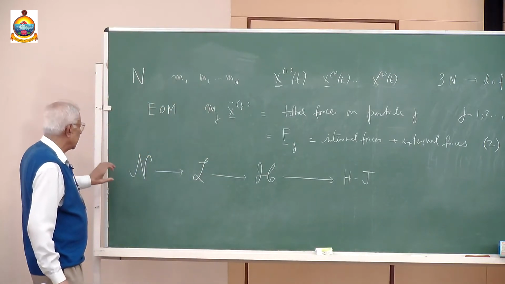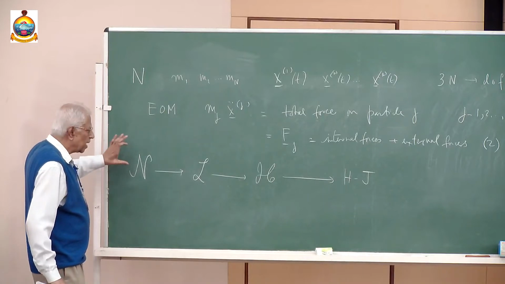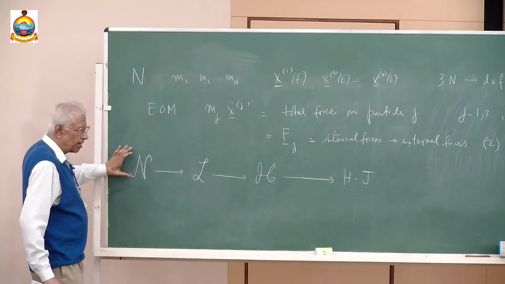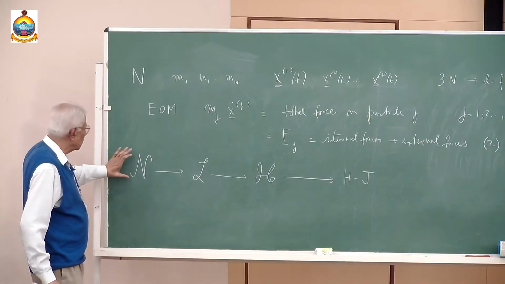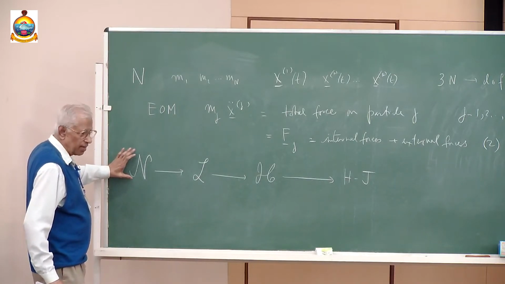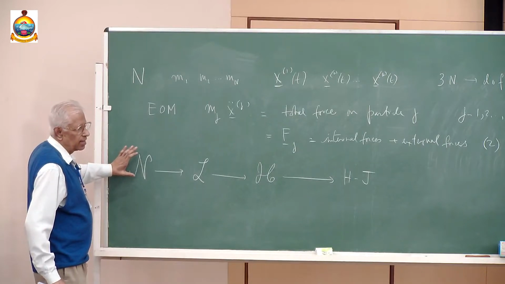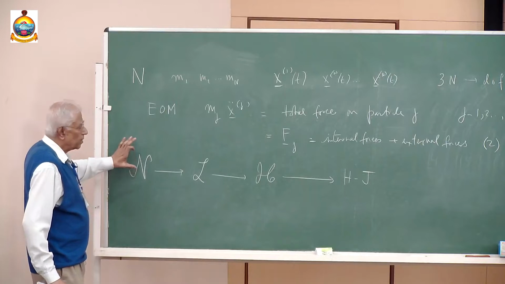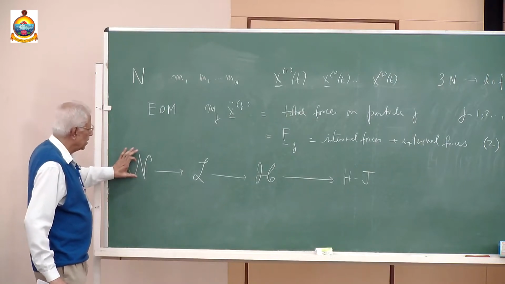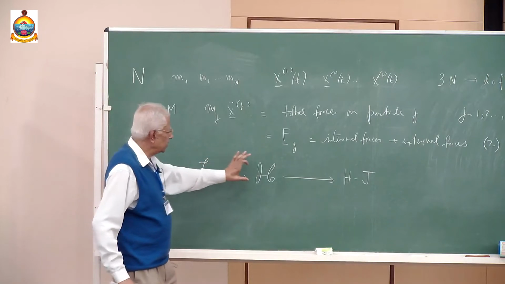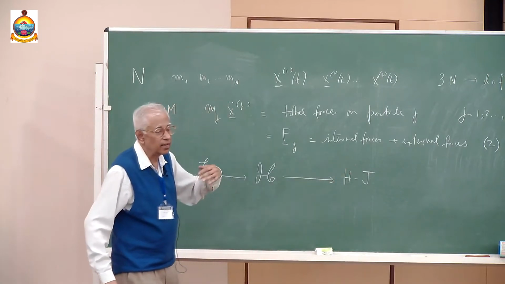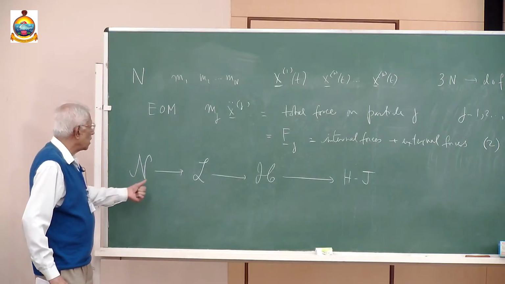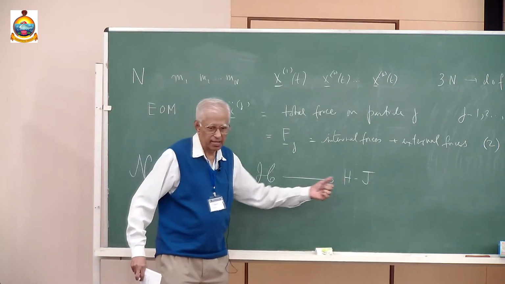I would like to put it this way: the physical ideas, the physical principles which are the foundation for the Newtonian description of motion come from Galileo and Newton in the early 1600s to mid 1600s, you can say. And then these three mathematical elaborations or improvements are mainly of a mathematical nature.